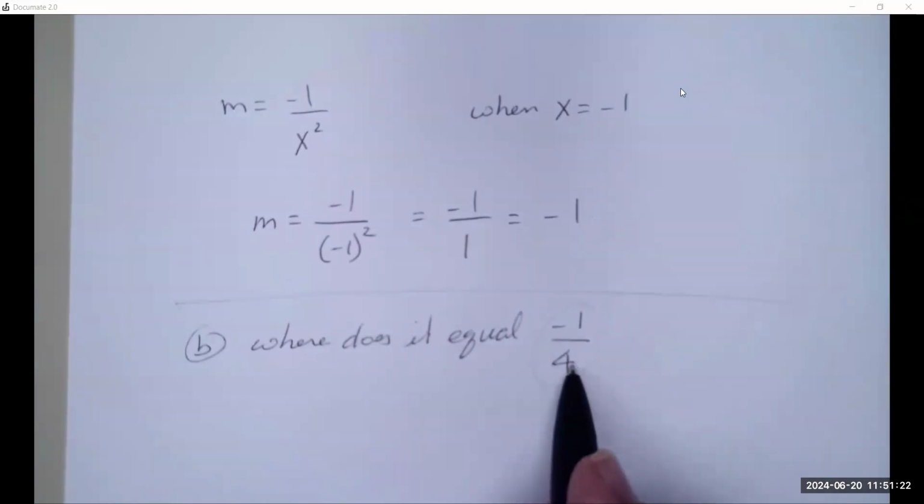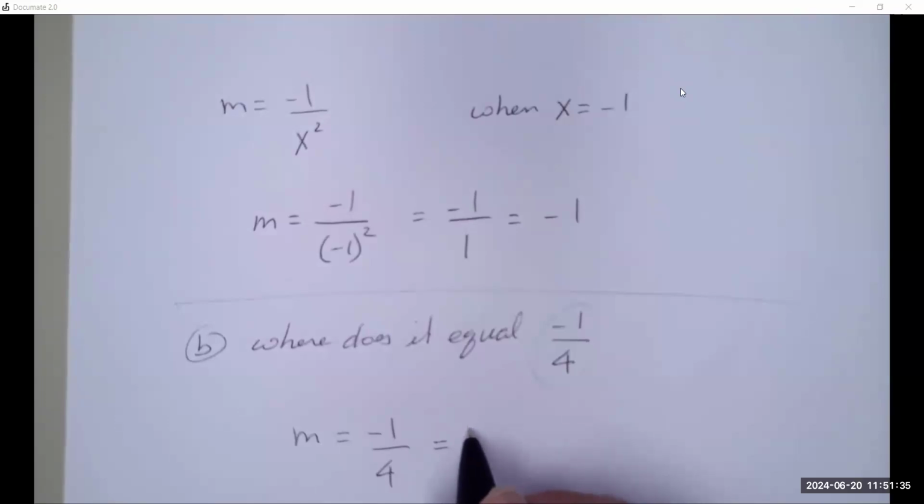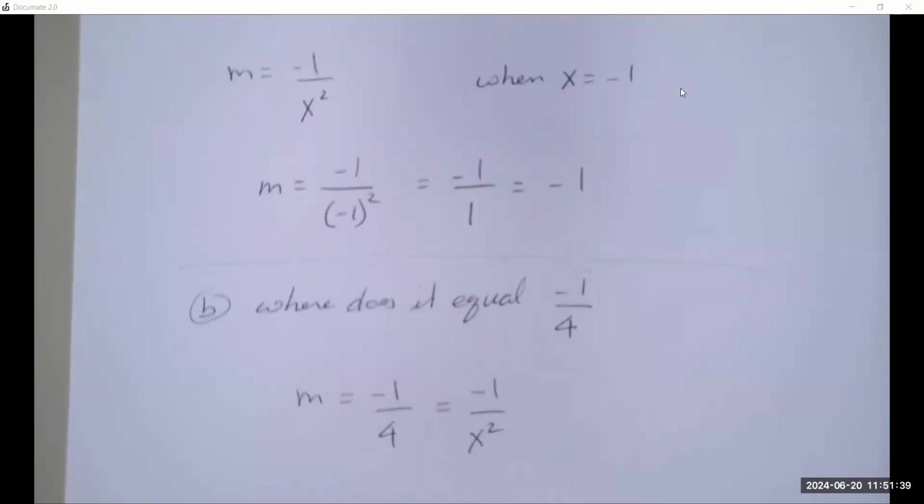What does this number represent? Yeah, it's the slope. Where does the slope equal -1/4, which is -1/x²?